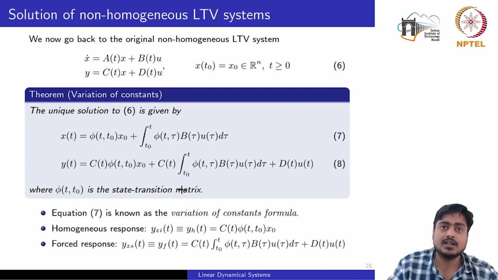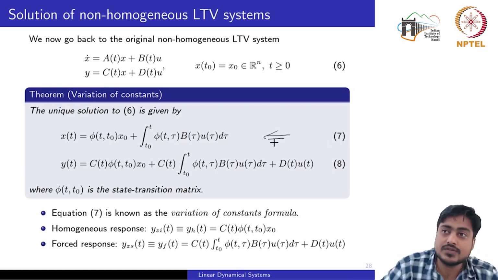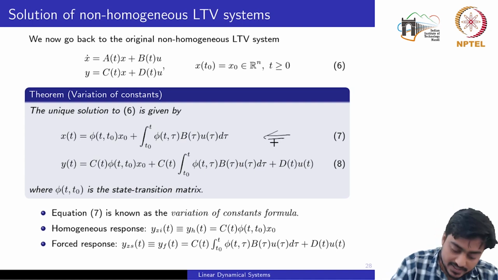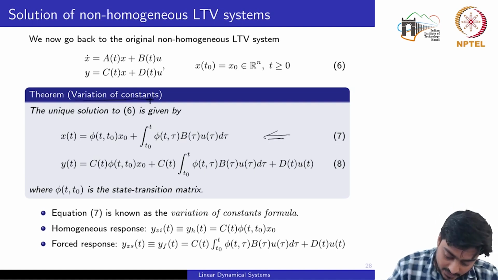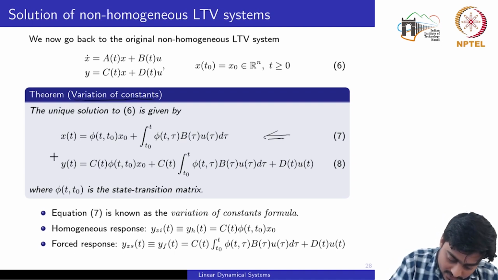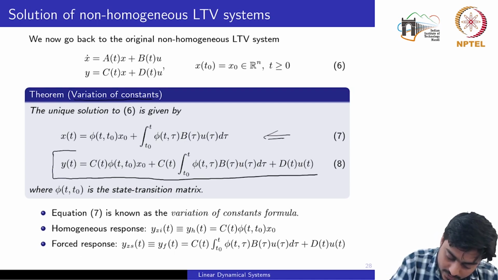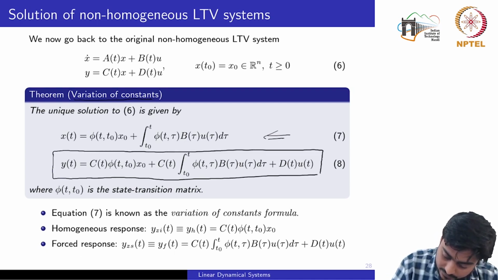There are certain properties of this result: equation 7 is called the variation of constants formula, by which it gets its name. Now this is the overall response of the y of t.